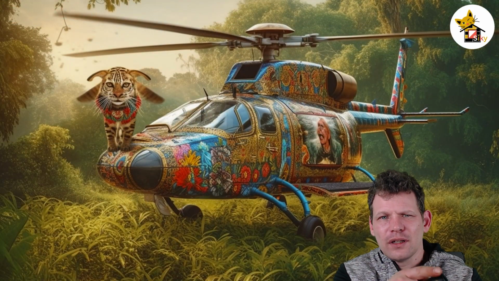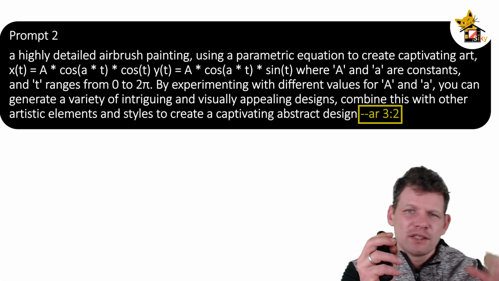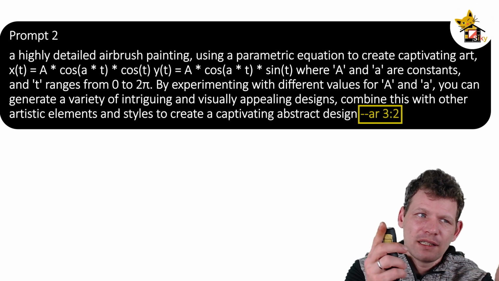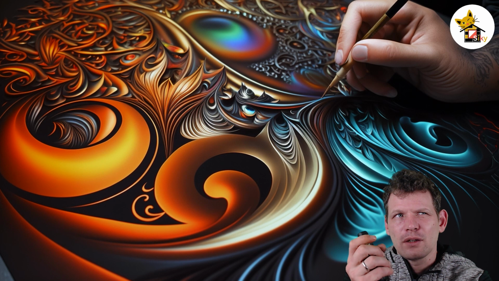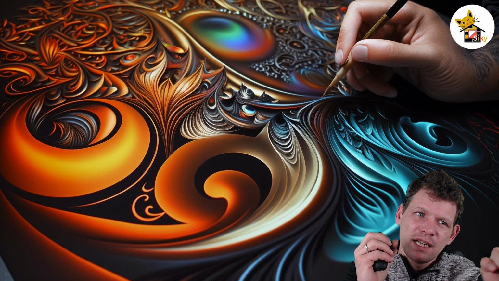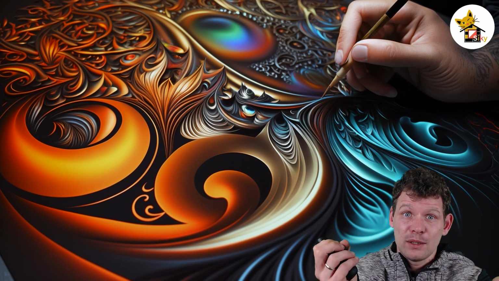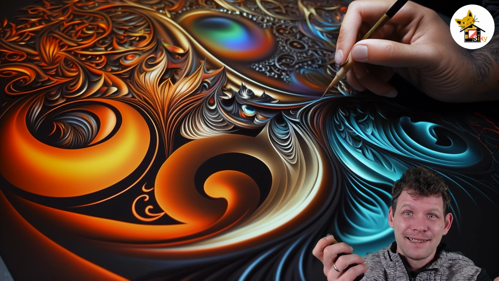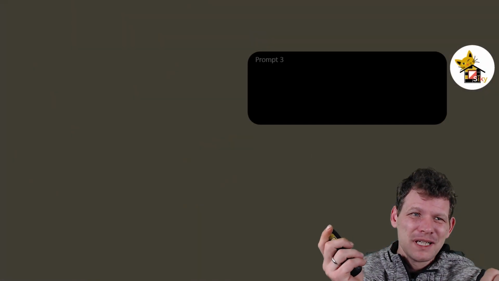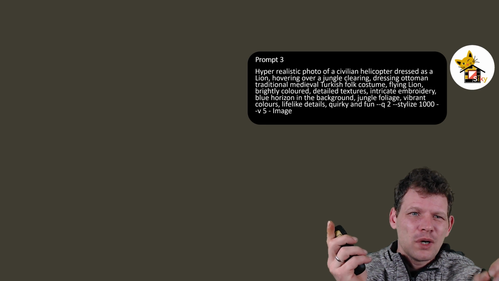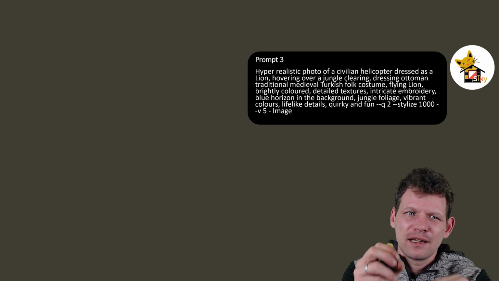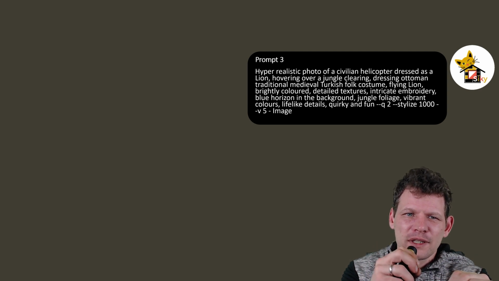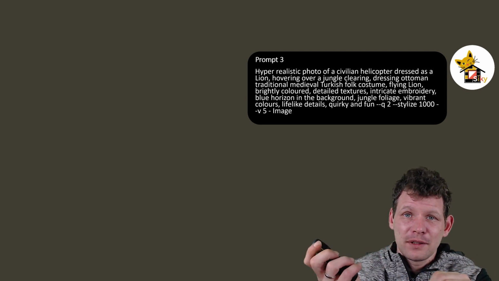So I had another prompt and another image where I was using equations to create art, and the aspect ratio here was like 3:2, so I was creating this kind of art. And I was thinking, okay, what happens if we take this image and combine it with the lion? So what I changed here is that I took the first part of the prompt with the lion and combined it with the thing I had before.